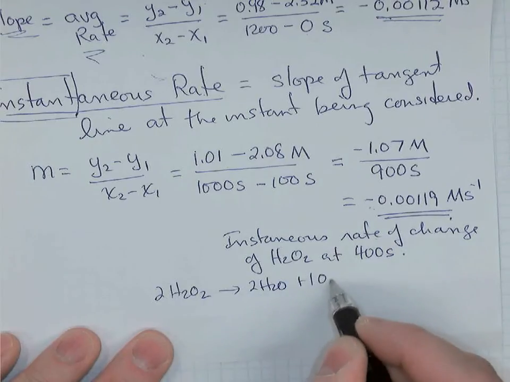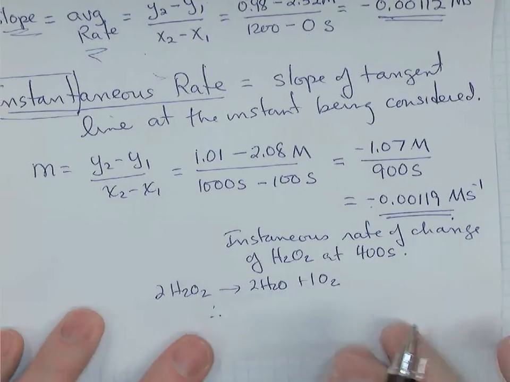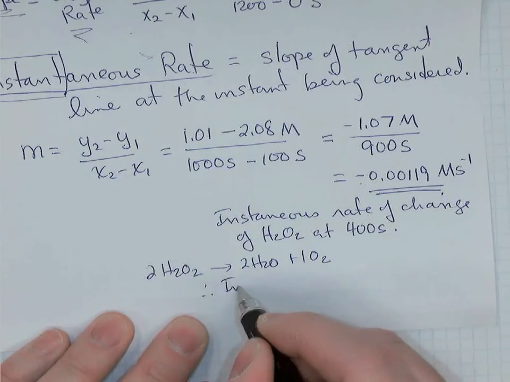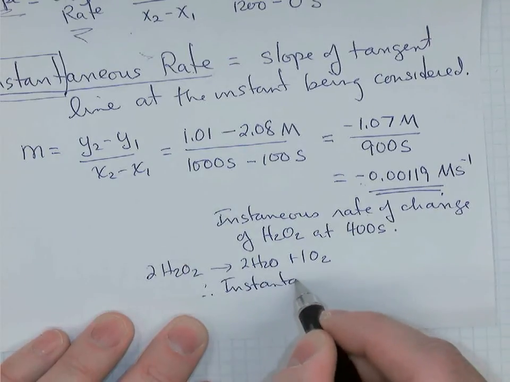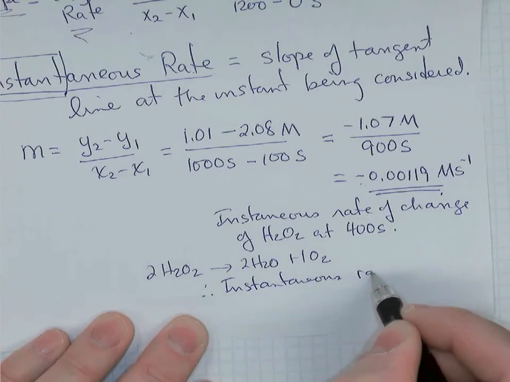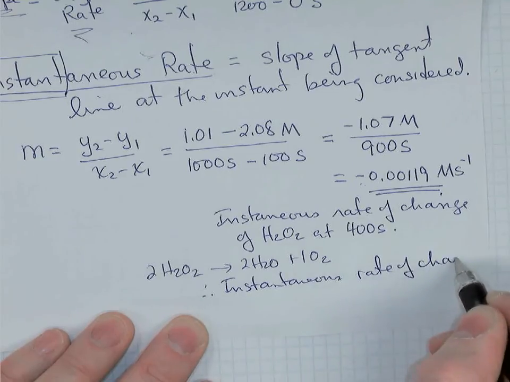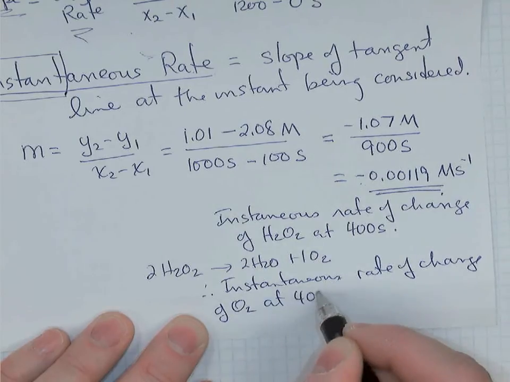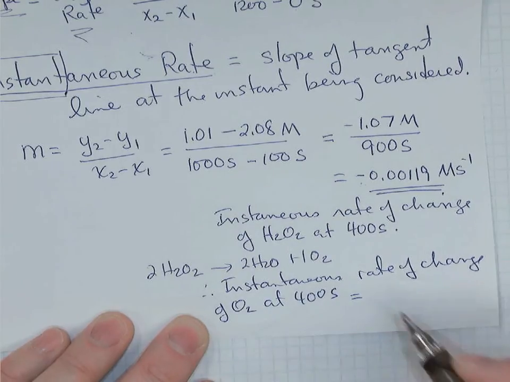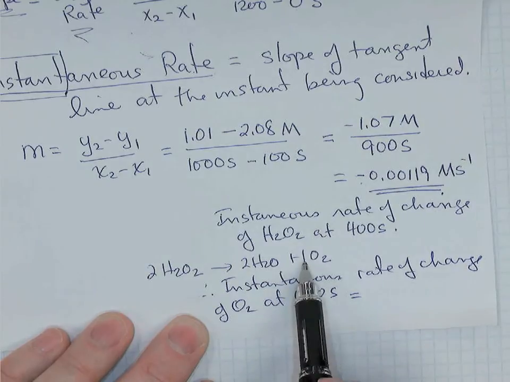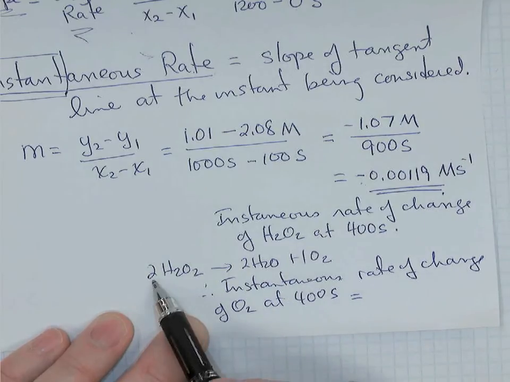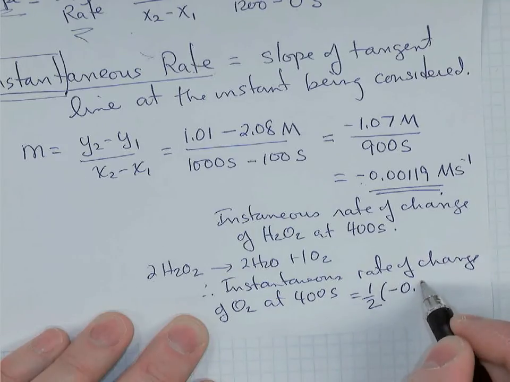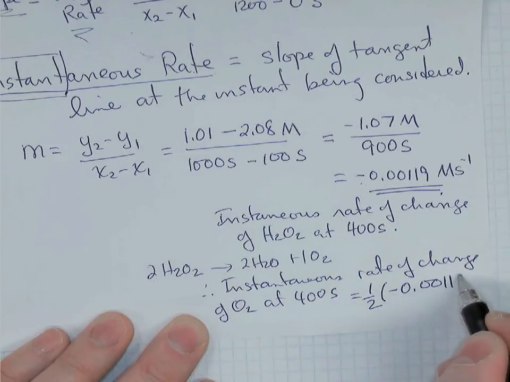Therefore, the instantaneous rate of change of O2 at 400 seconds would be, because of the ratio 1 oxygen for every 2 hydrogen peroxides, 1/2 of the rate that we just calculated. And I won't evaluate it, but you get the idea.